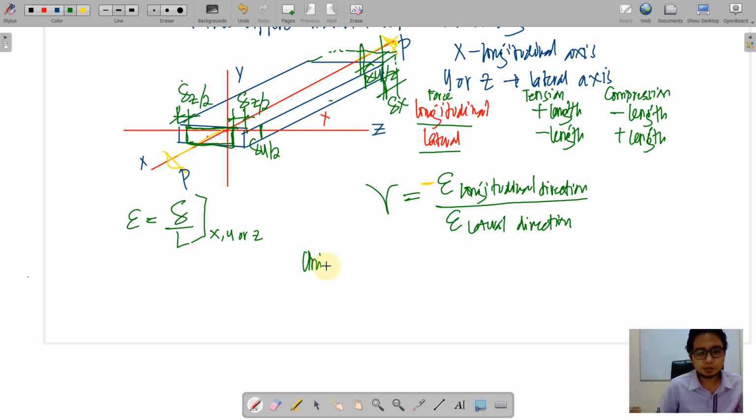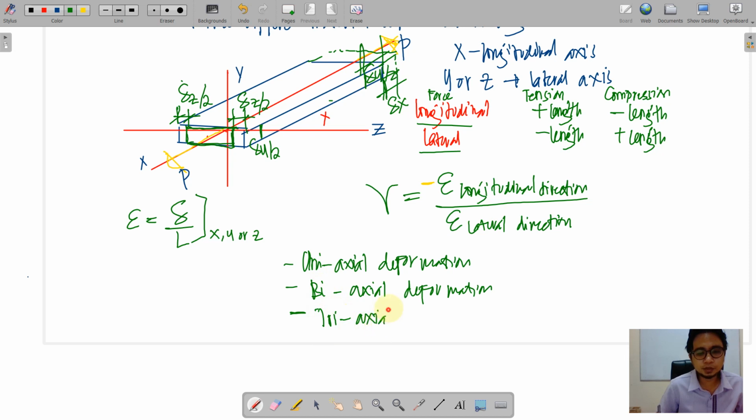We have uni-axial deformation, and we have biaxial deformation, as well as triaxial deformation. Okay. So by the terms itself, alam naman natin yung uni, bi, tsaka tri.